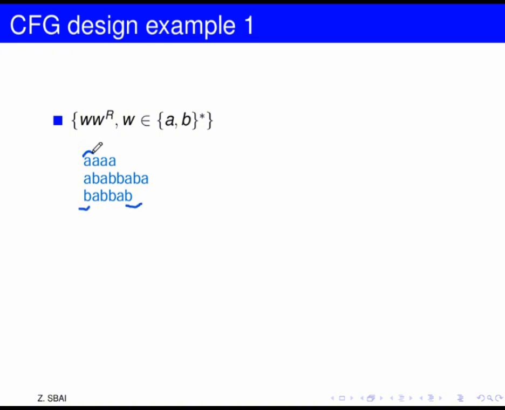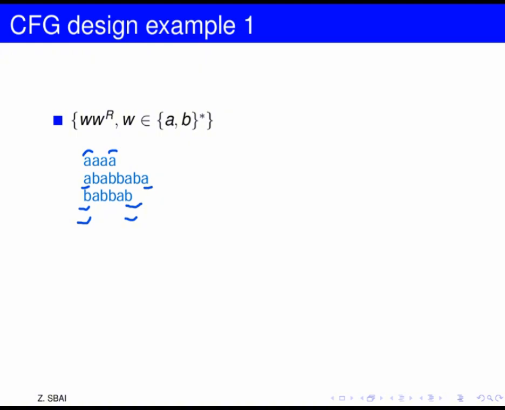If we have an A here, in the last position also we will have a symbol A. If we have A, we will find A, and if in the example we have B, at the end we will have to see a B, okay?